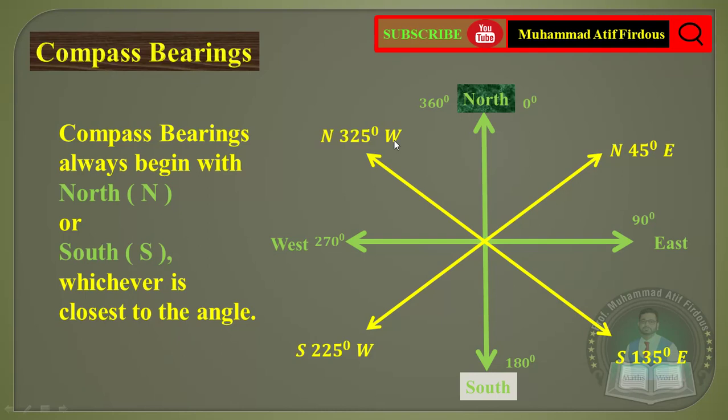You can also subdivide this into further parts like this. When we divide 45 by 2, we have 22.5 degree.